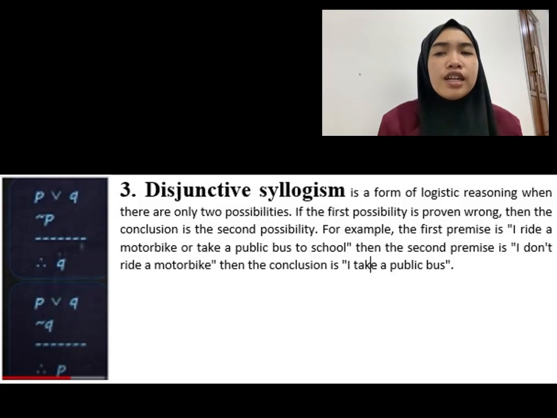For example, the first premise is I either ride a motorbike or take a public bus to school. The second premise is I don't ride a motorbike. Then the conclusion is I take a public bus.